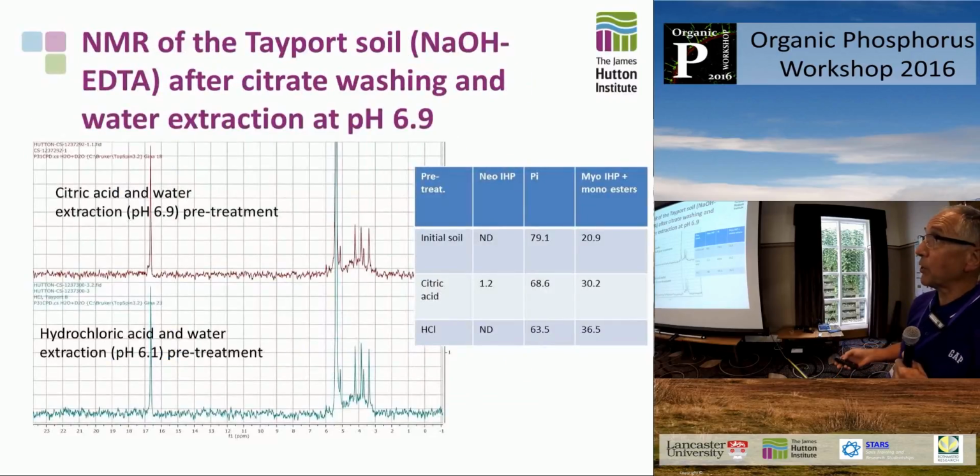After this depletion, we thought we'd look at the residue, the pellet that was left, by NMR, and this is the data here. The two graphs compare the citric acid and the hydrochloric acid. I haven't shown the original sample here, but these are the values. We see a decrease in Pi, but an increase in the relative amount of esters.